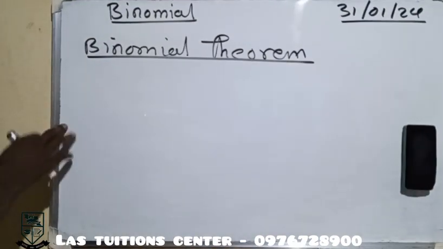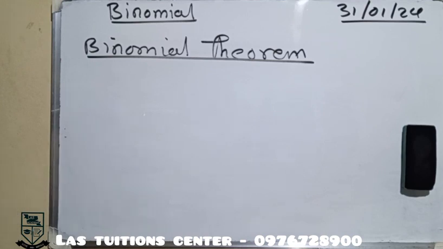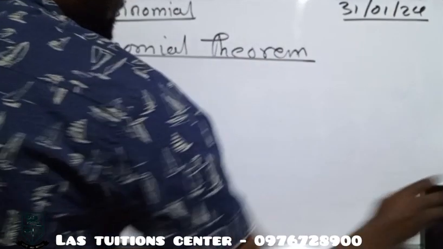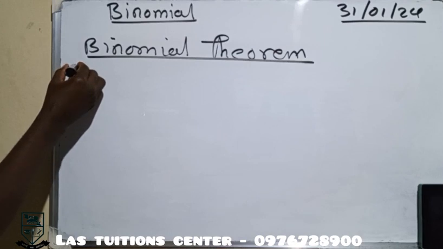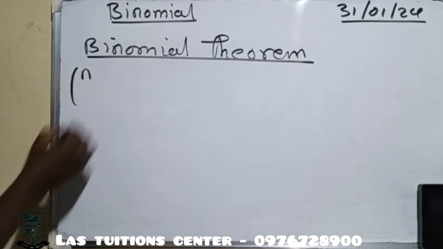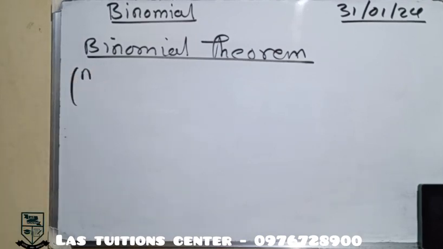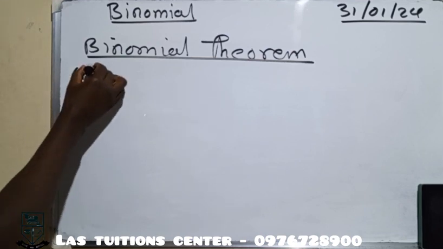So the binomial theorem, we have a theorem. I'll not state it, I'll just give the way it goes and how we can use it. So now we have n, we are using combination, the one we learned yesterday.